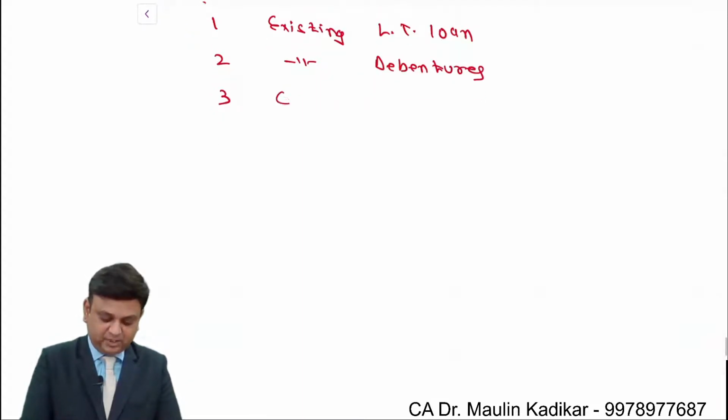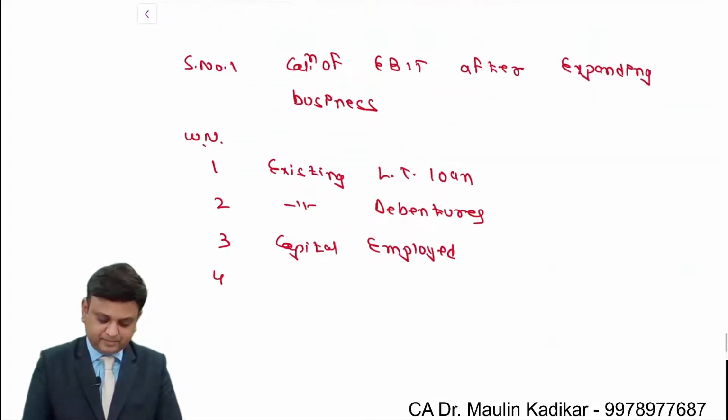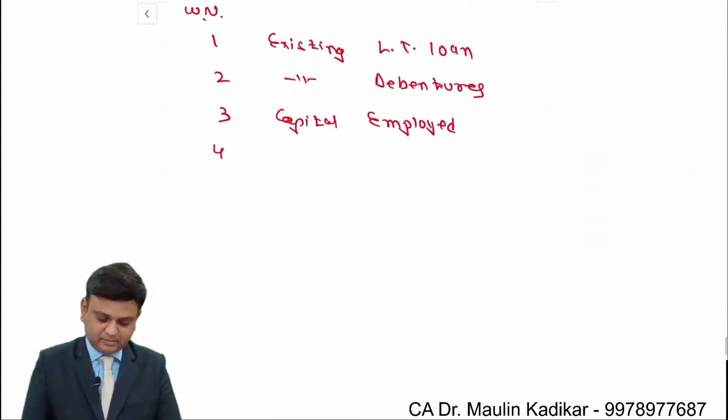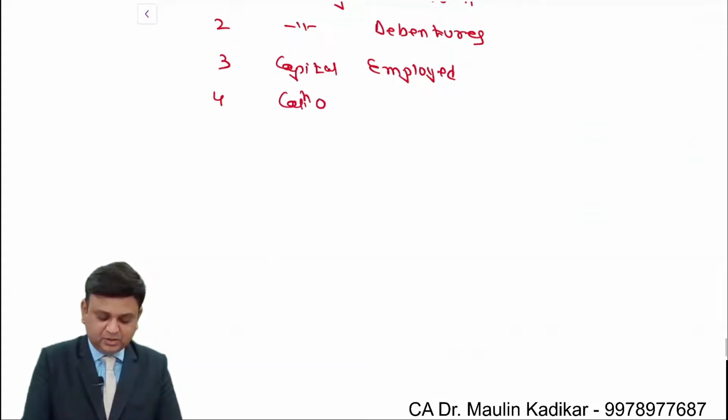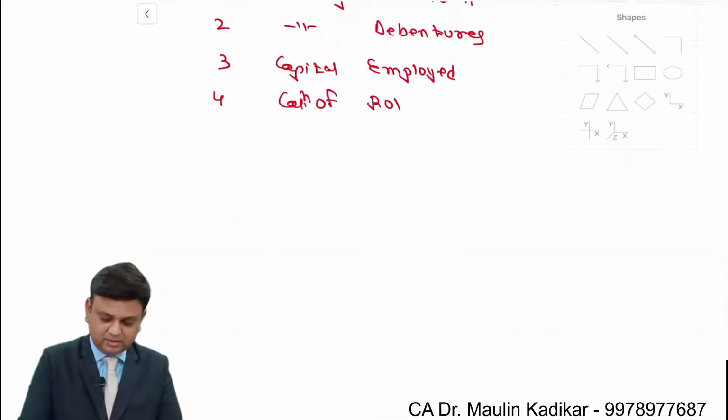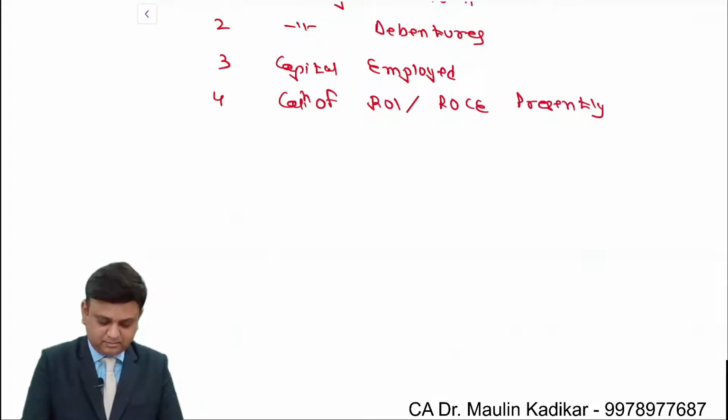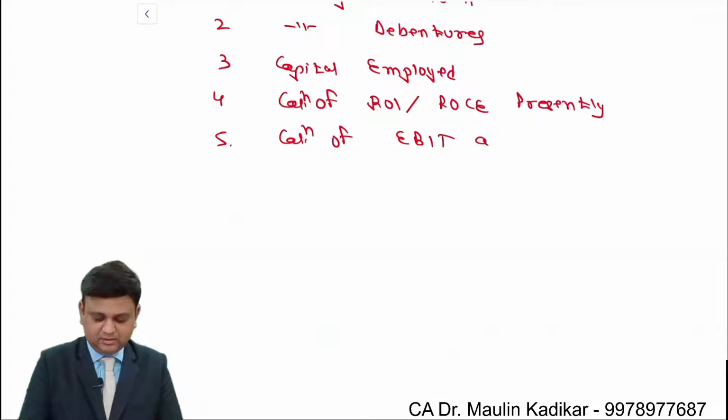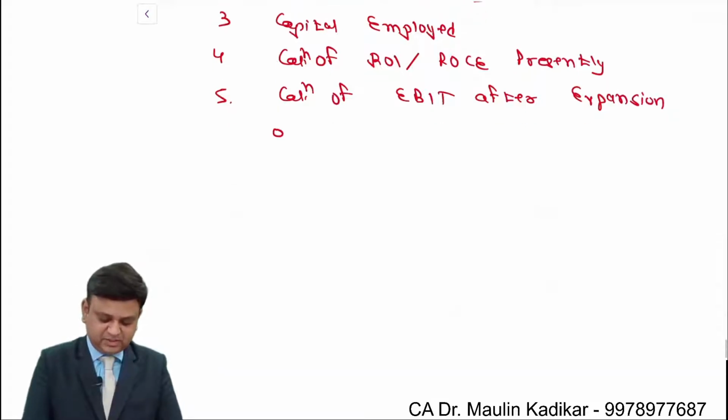Third will be capital employed, and fourth will be calculation of return on investment slash return on capital employed presently, and fifth, calculation of EBIT after expansion of business.